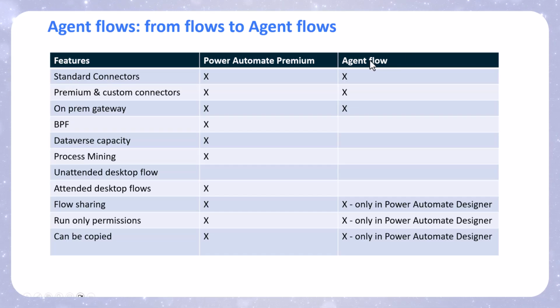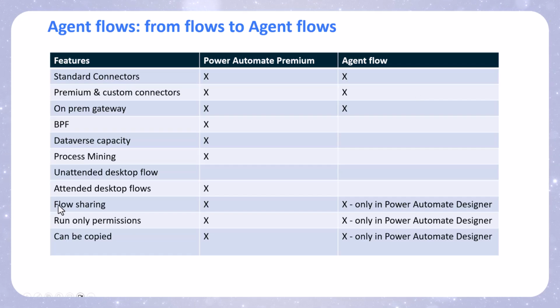You can switch to agent flow, right? You can have the on-prem gateway as well. You don't have BPF. You don't have more Dataverse storage in agent flow. No process mining. No unattended desktop flow. So you don't get that when you use agent flow, of course.